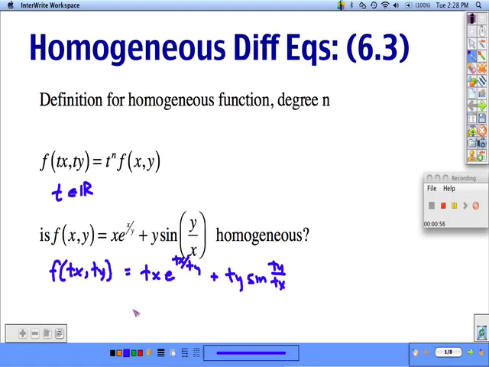And in the two fractions, the t's cancel out, and we're able to factor t to the first out of both of these terms. And we're left with t to the first times our original function. So this function, f of xy, up here, is homogeneous.